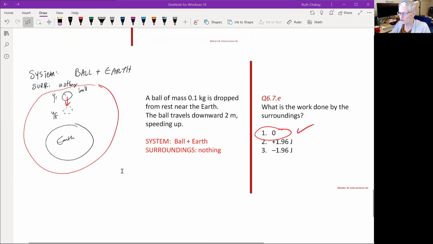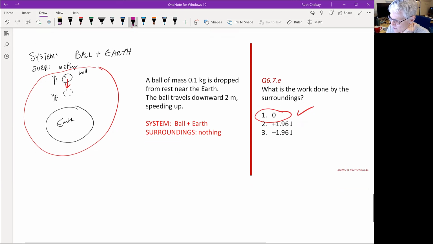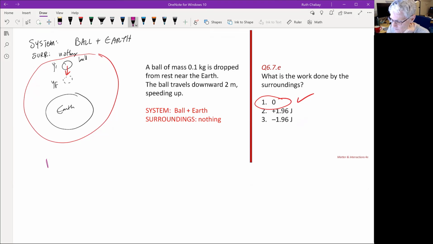Now, we have a problem. And that may have been what bothered some of you who said something else other than the work was 0. We have a problem because we have the change in energy of the system as the work done by the surroundings.